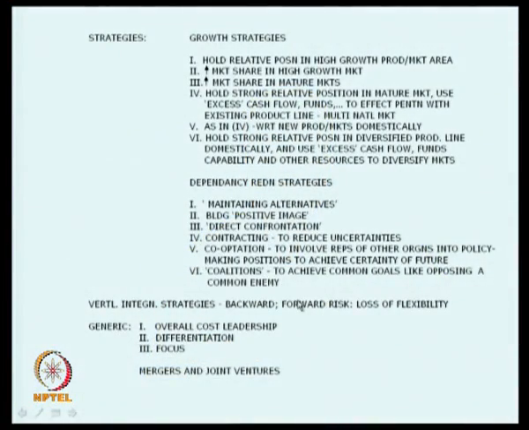The sixth example of dependency reduction strategy which I am giving you is what is called coalitions. What do you mean by coalitions? The coalitions are done in the modern day market context to achieve common goals like opposing a common enemy.